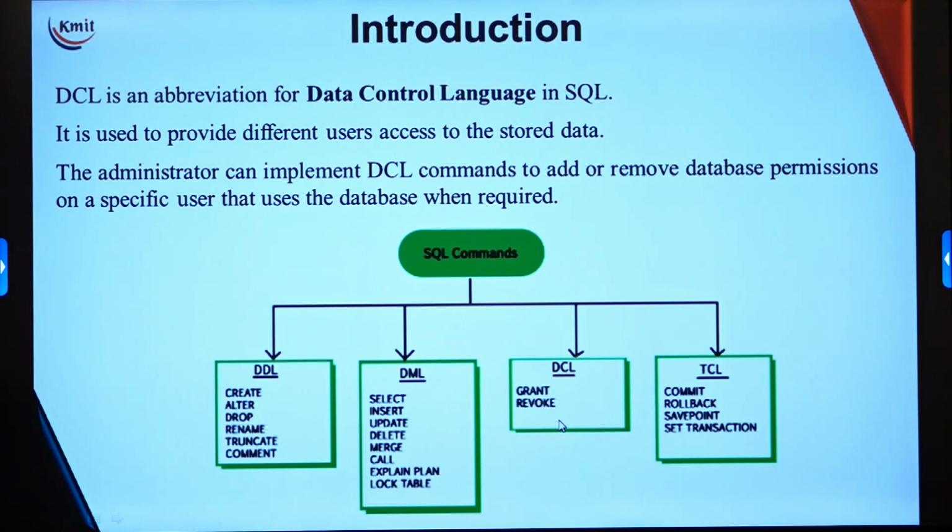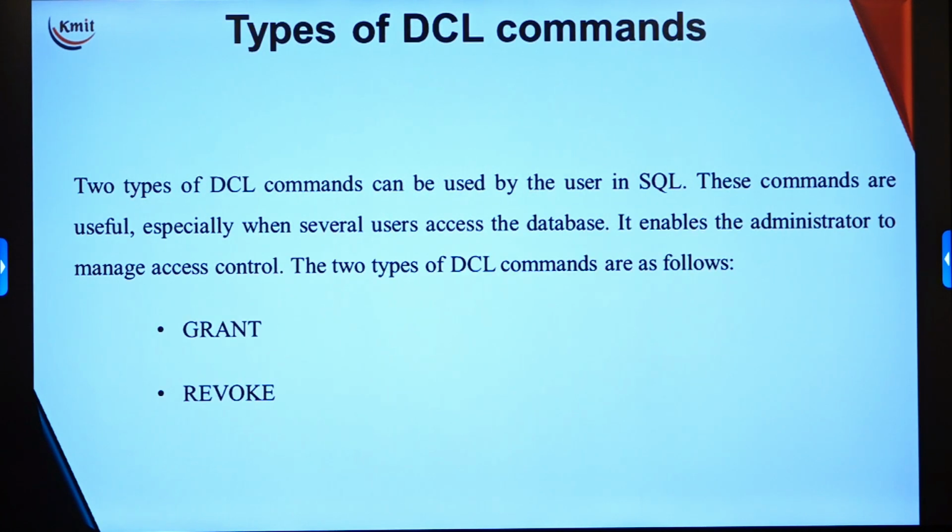These permissions or privileges can be given to different users on different database objects, either on all tables of the complete database or on selected tables, or selected commands can be executed, or all commands can be executed. All these kinds of permissions can be provided.